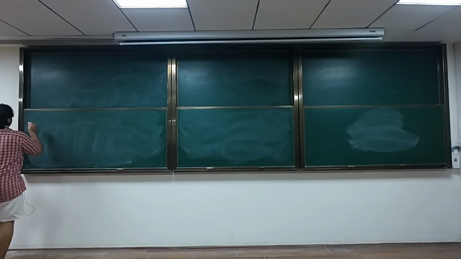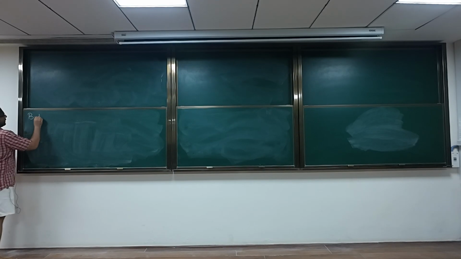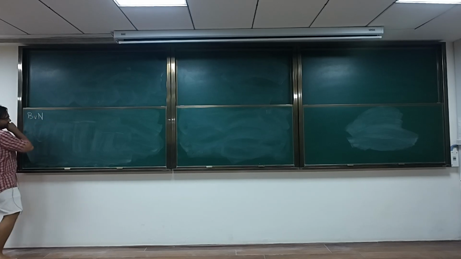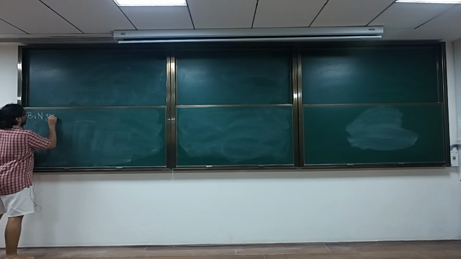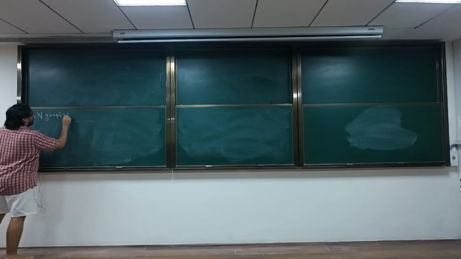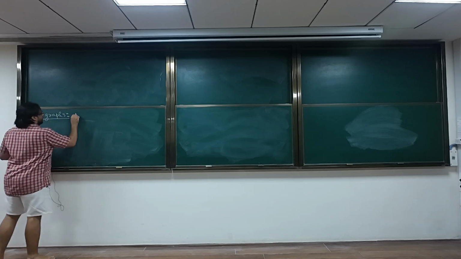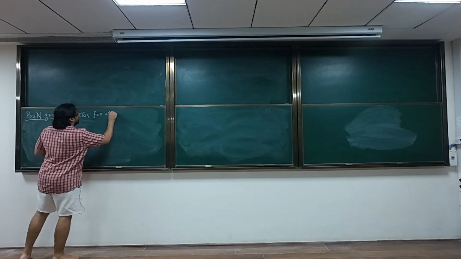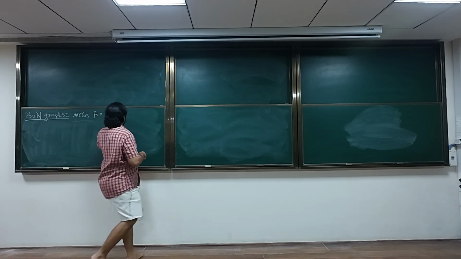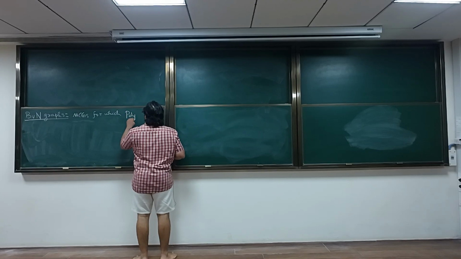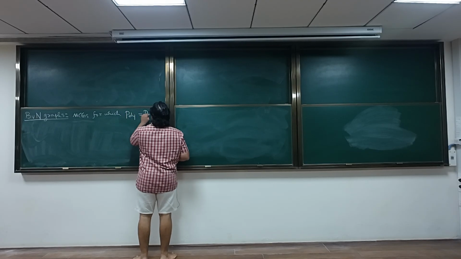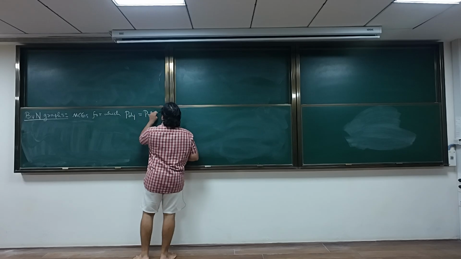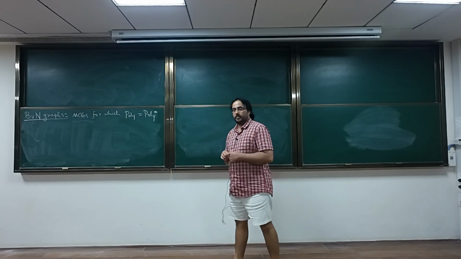So let's just remind ourselves that Birkhoff von Neumann graphs are those matching covered graphs for which the perfect matching polytope is equal to the fractional perfect matching polytope, right?